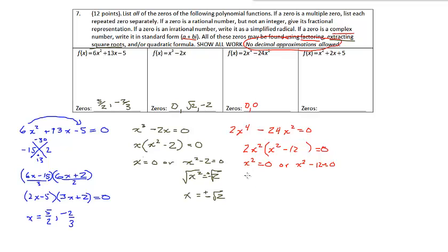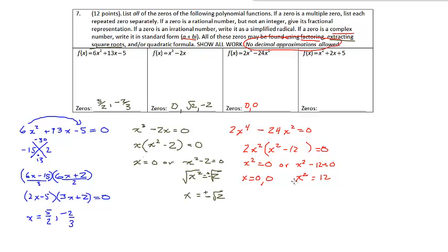So in this case, x is equal to 0 or 0. And over here, adding 12 to both sides, I get x squared is equal to 12.